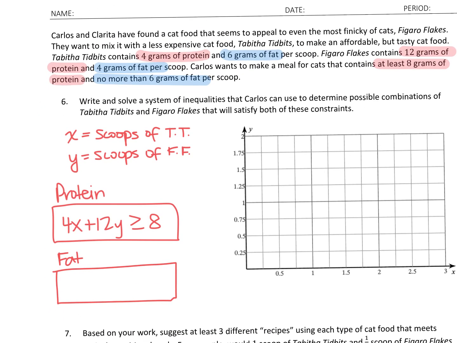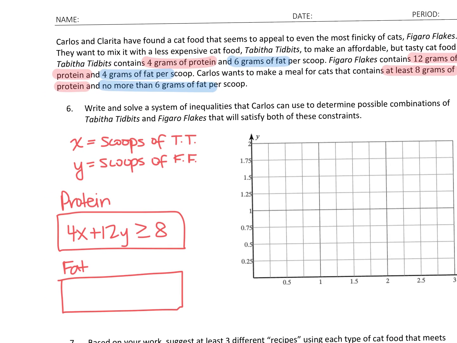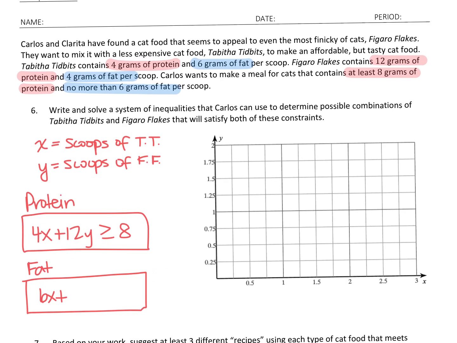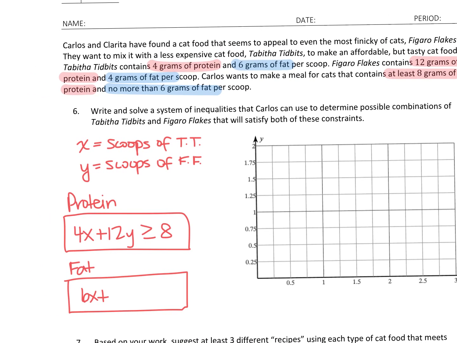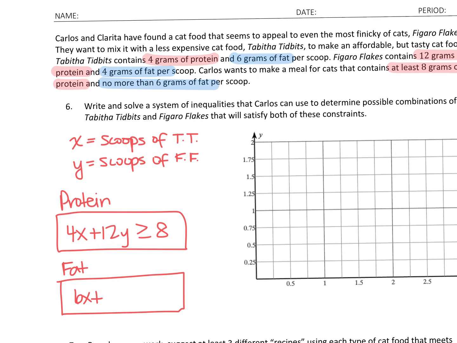Oh, sorry, Tabitha Tidbits for fat was 6 grams of fat, so we go 6x plus 4 grams of fat for Figaro Flakes, plus 4y, and that's no more than 6, so less than or equal to 6.